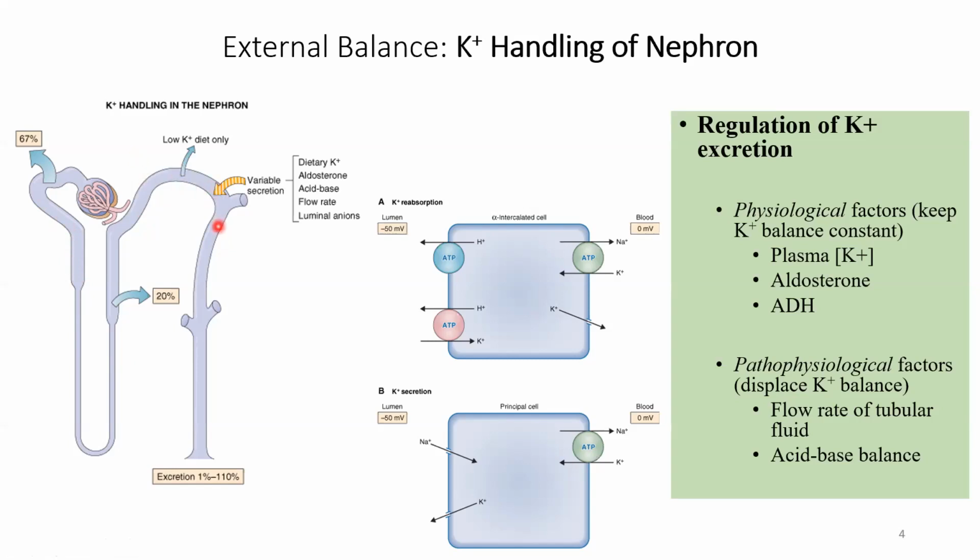Now, if you have an increased rate, imagine this cell right here, with its inherent basic gradient for potassium, ready, secreting it already, and it's happy right now with a normal flow rate. Now you enhance the flow rate, you increase the flow rate. What are you doing?